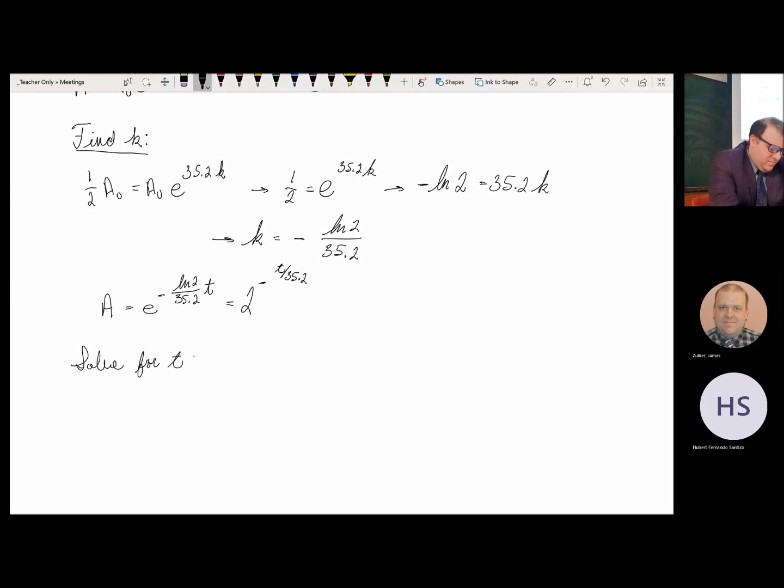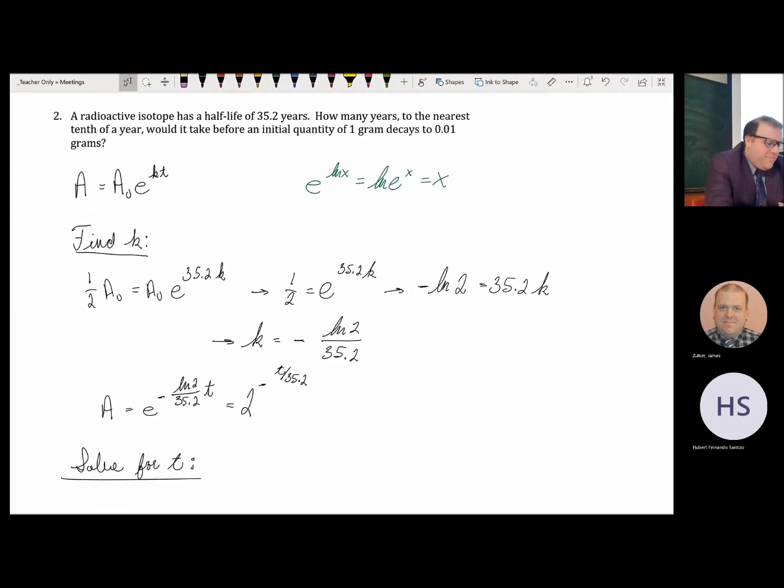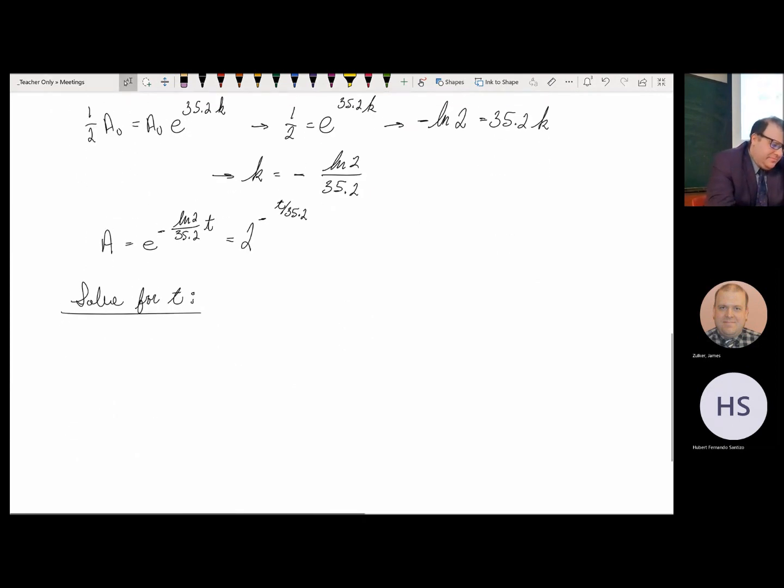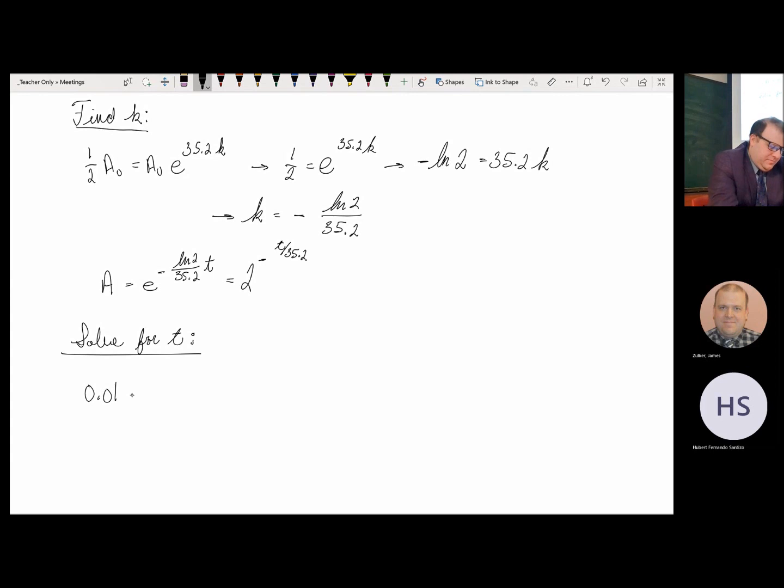Now we can go ahead and solve for t, right? Because they want to know how many years it would take for that 1 gram to decay to 0.01.